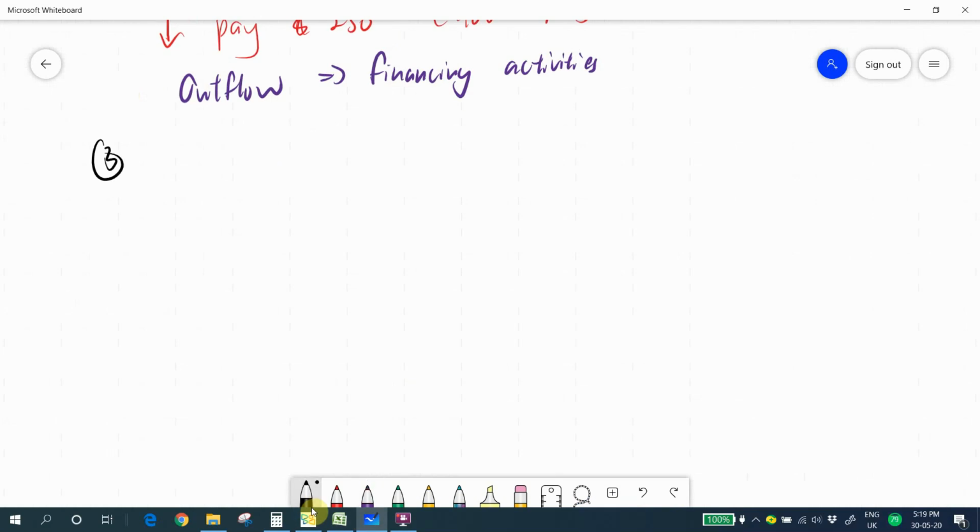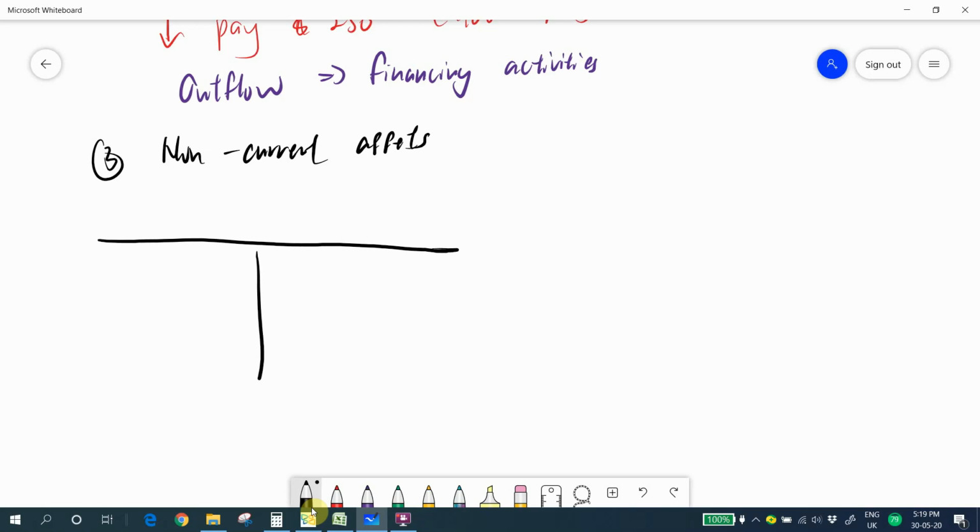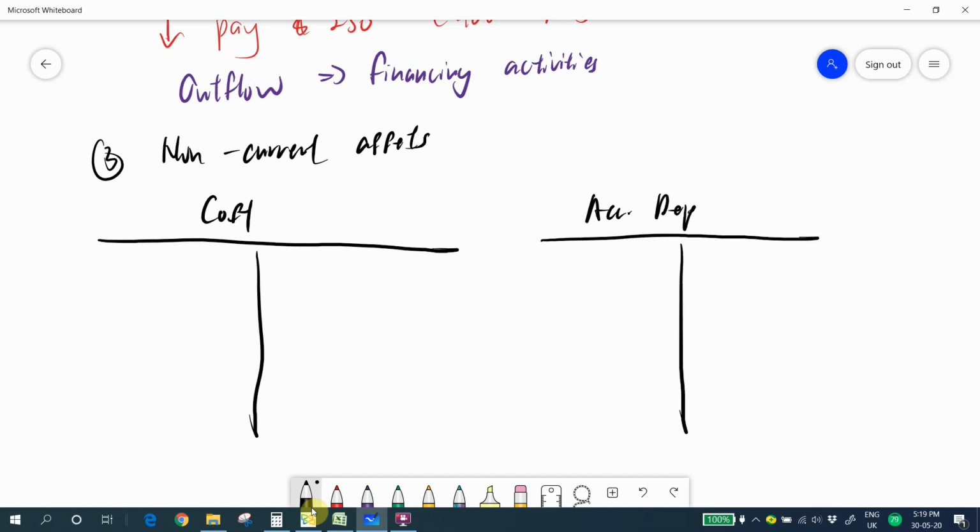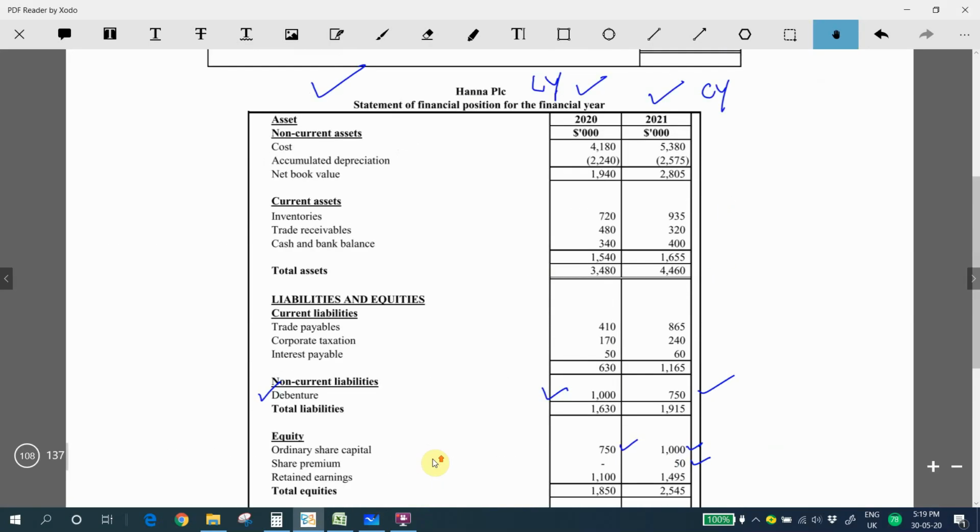The third one is regarding the non-current assets. The first account that we have to draw is the cost account for the non-current asset. The second account that we have to draw is the accumulated depreciation. Because this is just your working, you are not required to draw a proper account. A working will do. So let's have a look.